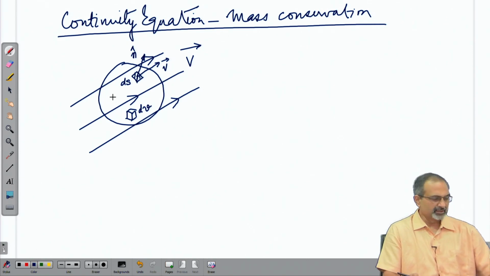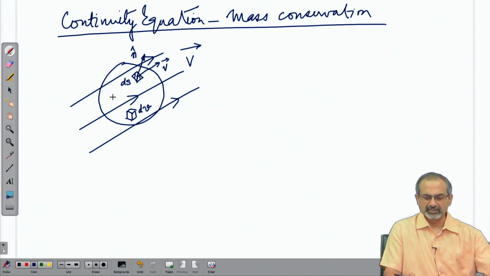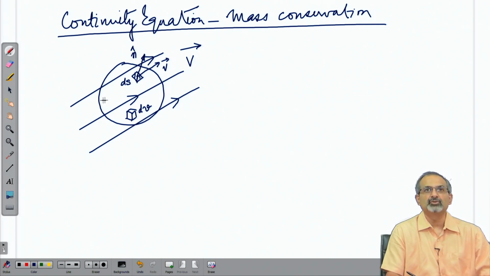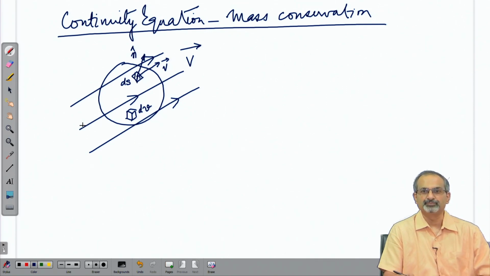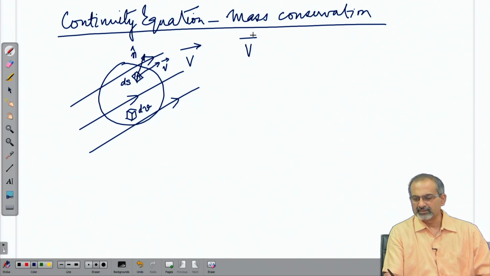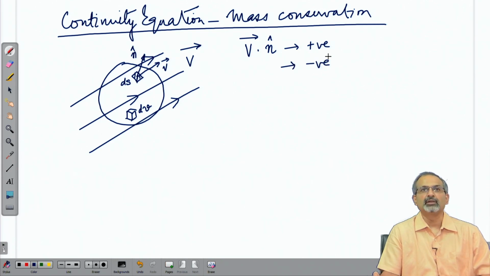And we discussed earlier that this velocity vector meets the control volume surface at different points, and in some places it may be entering the control volume, at some others it may be leaving the control volume. And therefore, when it is leaving the control volume, the V dot n would yield a positive value, while when it is entering the control volume it will have a negative value.